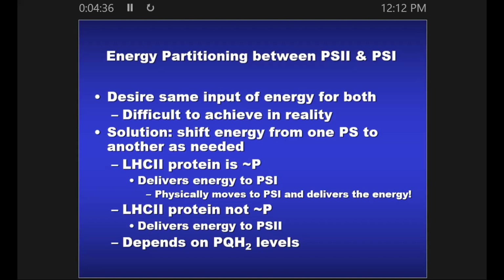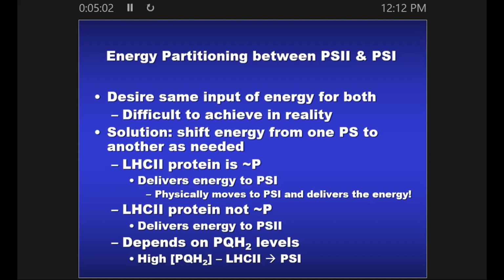Well, if you have lots of PQH2, so this last bullet point says high PQH2 concentration, so the bracket means concentration. So if you have high concentrations of PQH2, it's actually another signal to the light harvesting complex to shift energy to photosystem 1.